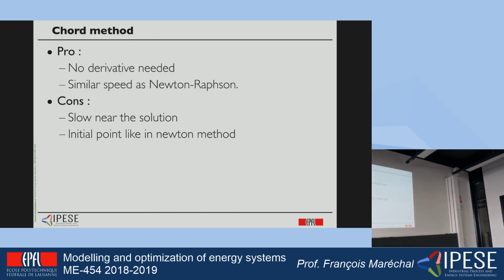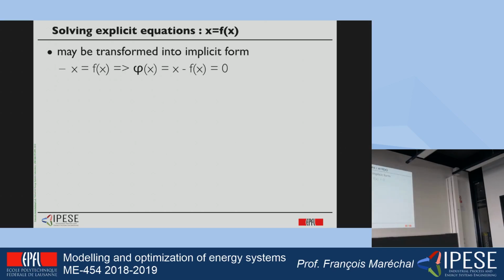Okay? In the case where you have explicit formulations, so x is a function of x that you would like to solve, well, there is an easy way, which is to transform this equation into x minus f of x equals 0, and then you have a method that allows to solve the problem directly.